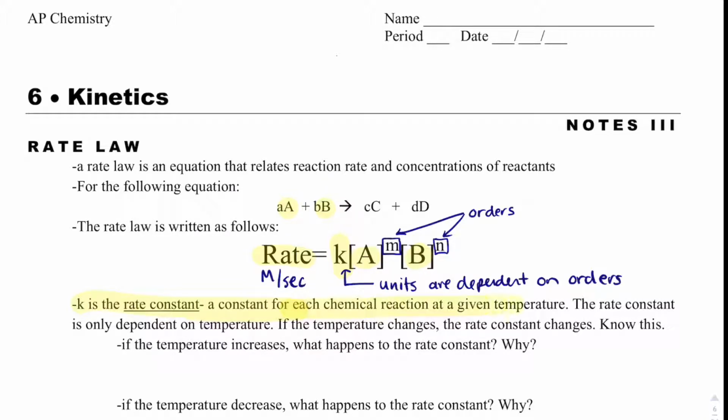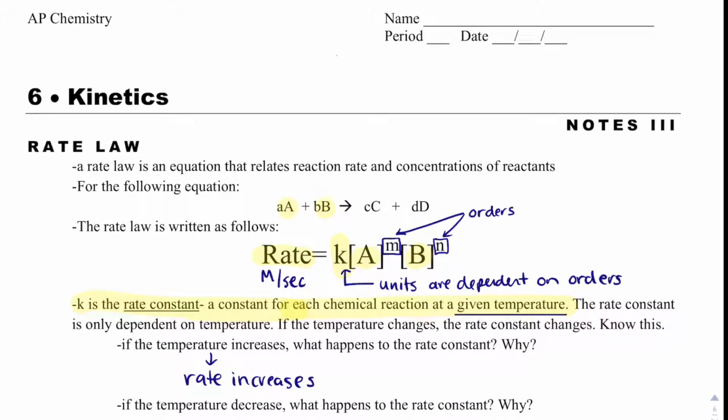and it's only for a given temperature. So if we change the temperature, we also change the rate constant. And if we increase the temperature, what does that do to the rate? Well, that means that the rate increases.